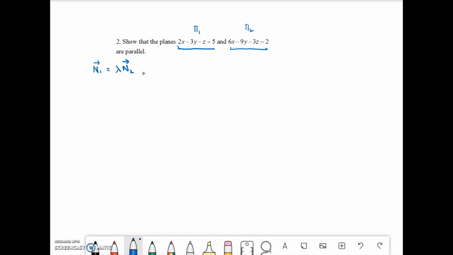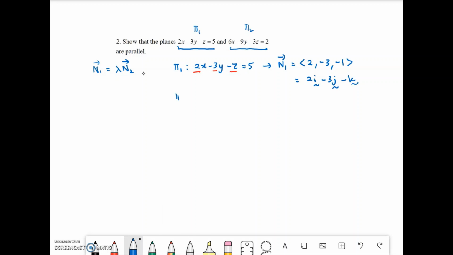So for plane 1, where the equation is 2x minus 3y minus z equals 5, we can obtain the normal vector from the coefficients, where normal vector 1 is equal to (2, -3, -1), or we can write it as 2i minus 3j minus k.